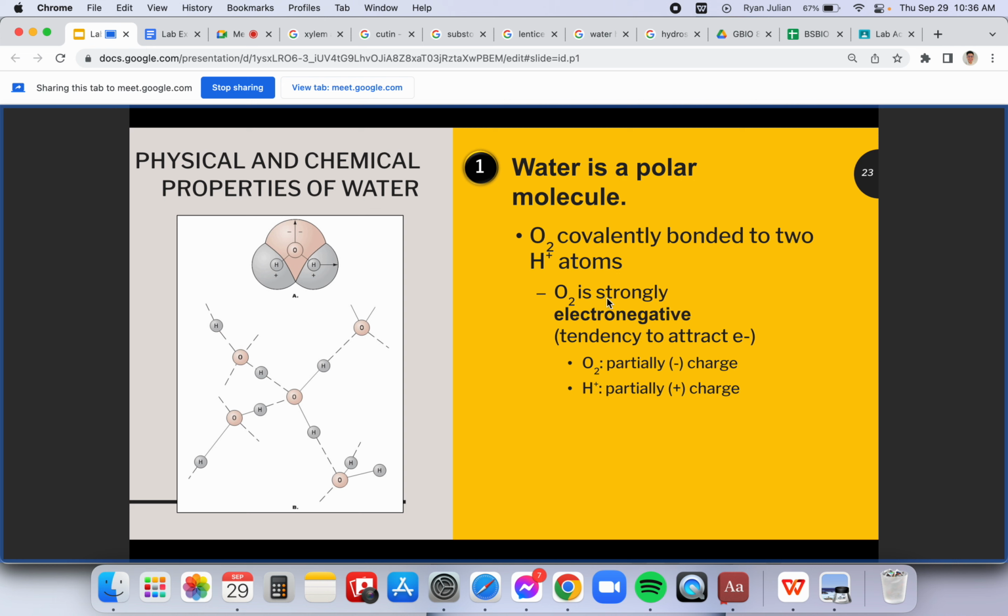Oxygen is said to be strongly electronegative, which has the highest tendency to attract electrons that are negative in charge. Contrary to that, oxygen is also said to be partially negative in charge, while hydrogen is partially positive in charge. So why am I referring to this as partial?